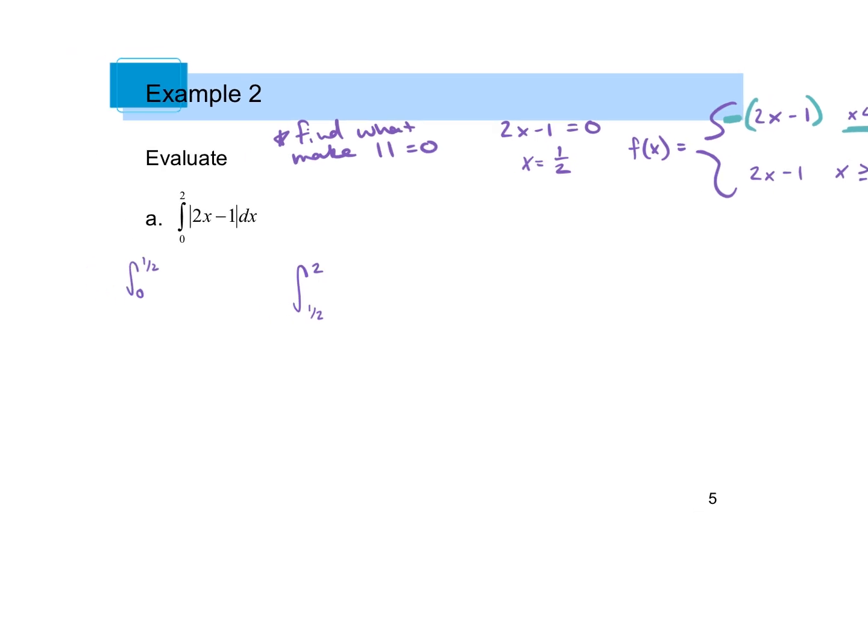So my function here from 0 to 1/2 is going to be negative 2x minus 1. And then from 1/2 to 2, this stays the same. So this is 2x minus 1.